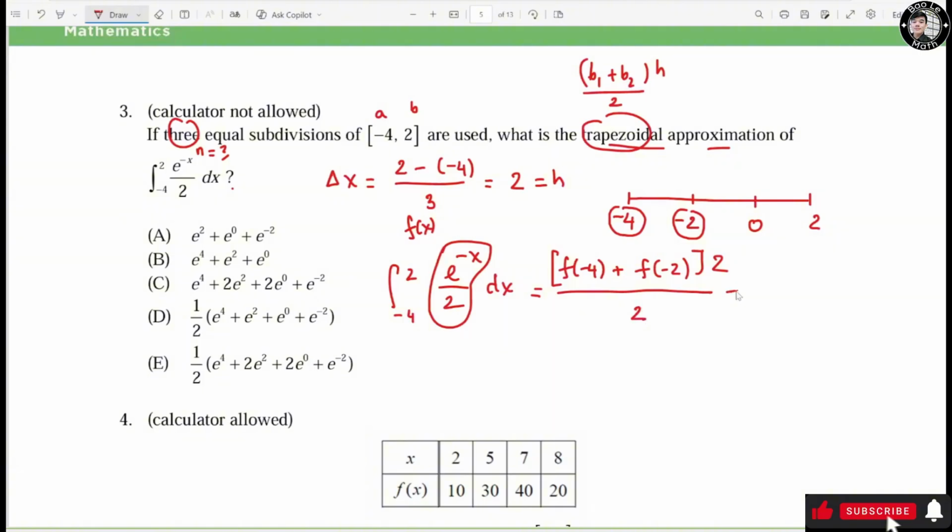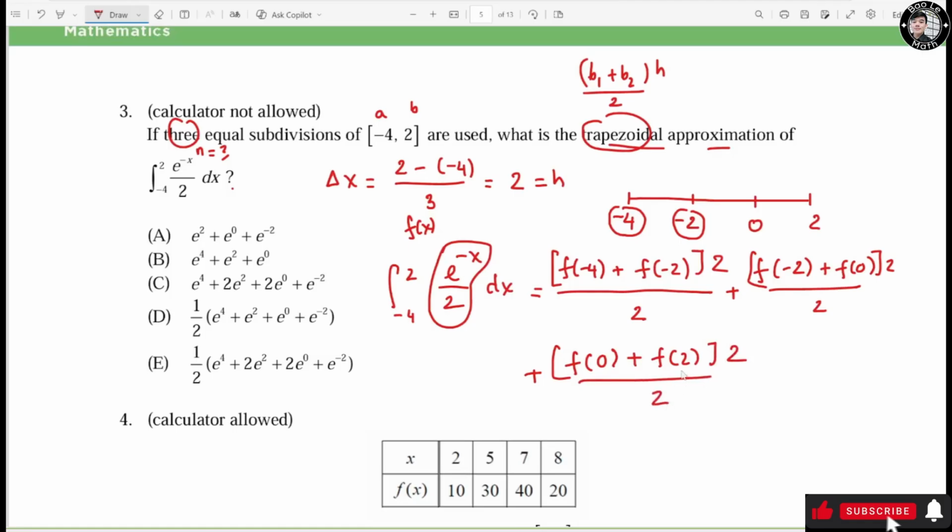Plus the second one, f of -2 plus f of 0 times 2 divided by 2, plus the last one, f of 0 plus f of 2 times the height 2 divided by 2. Now the 2 and 2 right here cancel out.